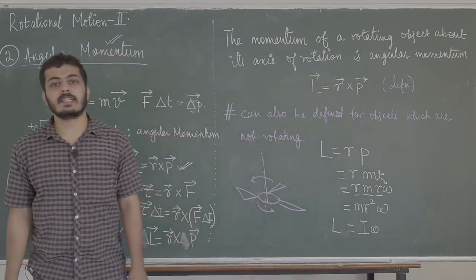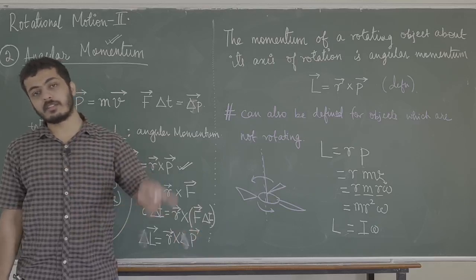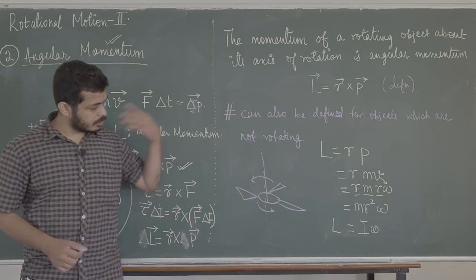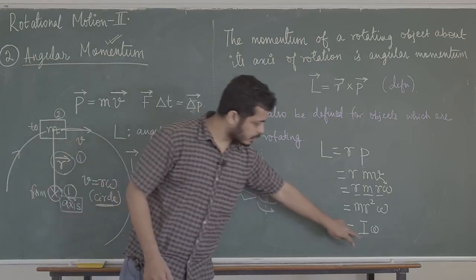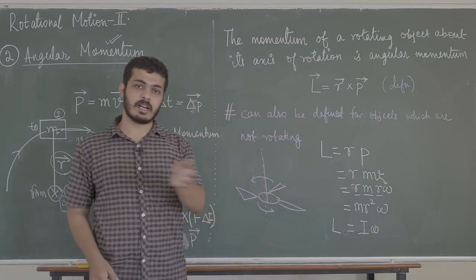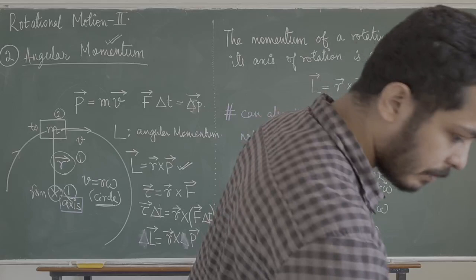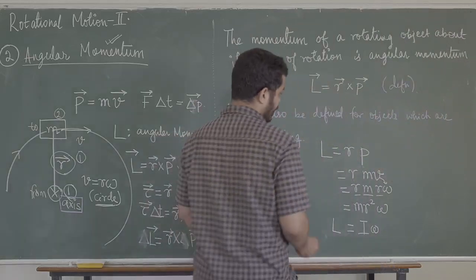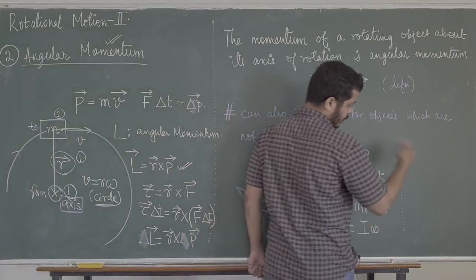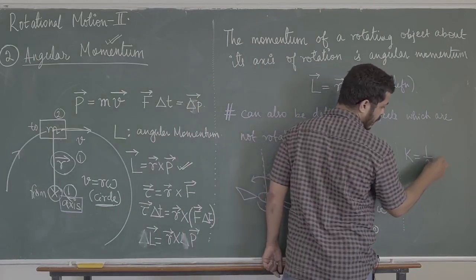Just like kinetic energy, if something is rotating, the rotational kinetic energy is half I omega square. If something is rotating, the angular momentum is just simply I into omega. So you can define the relation between angular momentum and kinetic energy. If an object is rotating, kinetic energy is equal to half I omega square.